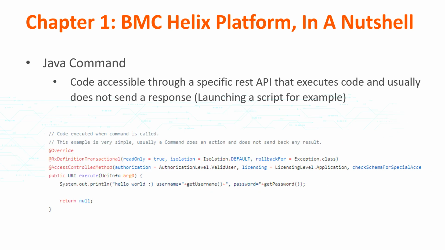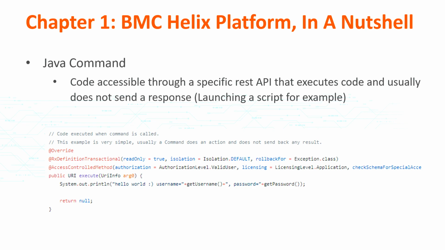Then let's say you have pretty much a subset of the REST API. It's a Java command. I'm not really going to talk too much about it. It's pretty much an edge case. Let's imagine that you want to launch a process, you want to launch one specific action, but you don't expect anything else in return. So you would use a command in this case.